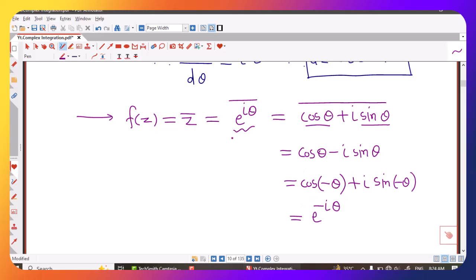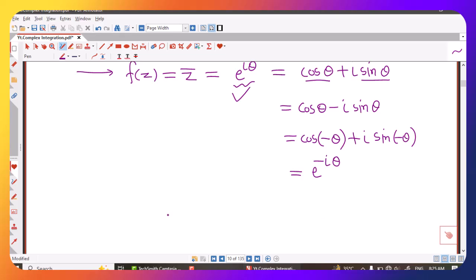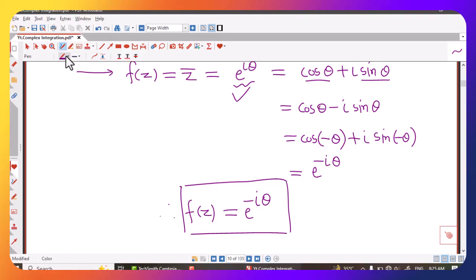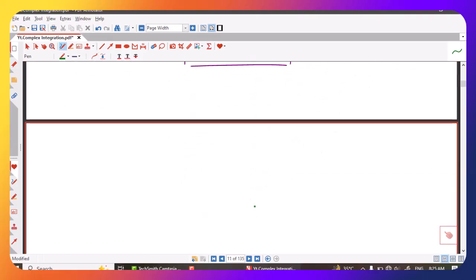If you are comfortable, you can directly write the conjugate of e raised to i theta equal to e raised to minus i theta. Therefore f of z is e raised to minus i theta. So f of z is also converted in terms of theta, and theta is from 0 to 2 pi.